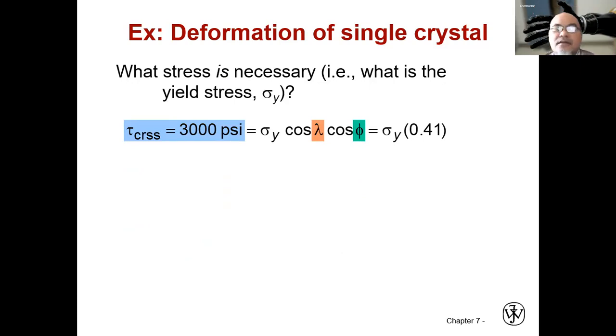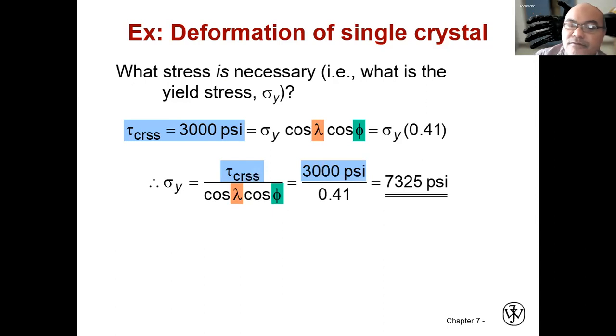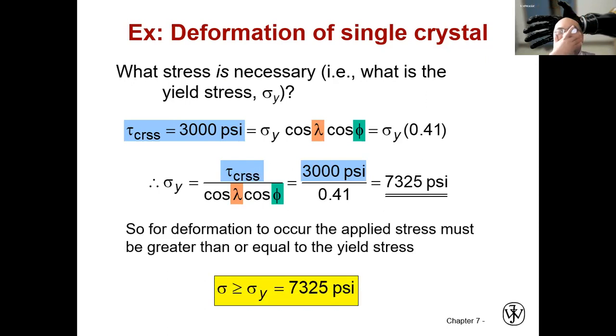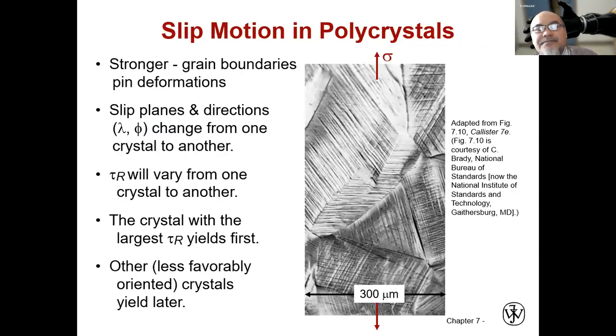So from here we can calculate sigma y to be equal to 3,000 psi divided by 0.41, or 7,325 psi. Okay. So for deformation to occur, the applied stress must be greater than or equal to the yield stress, which is 7,325 psi.